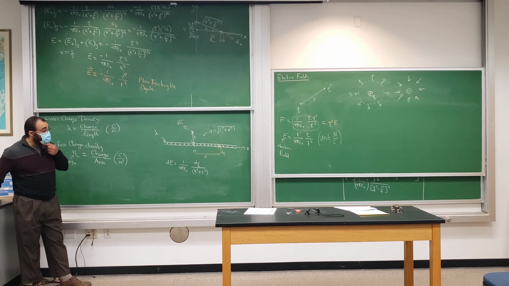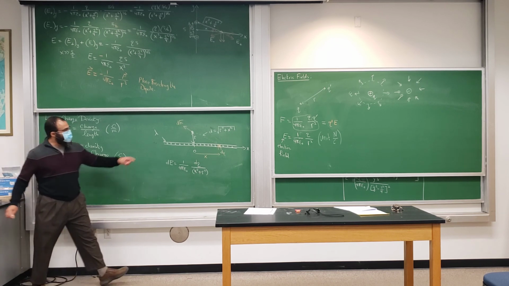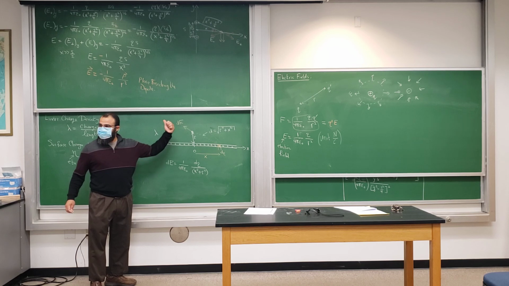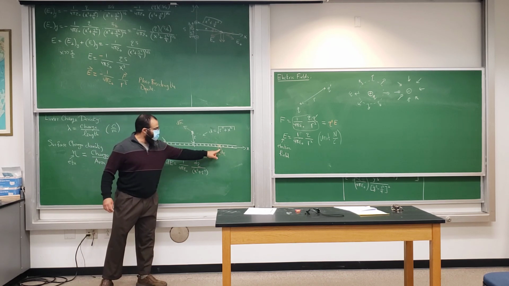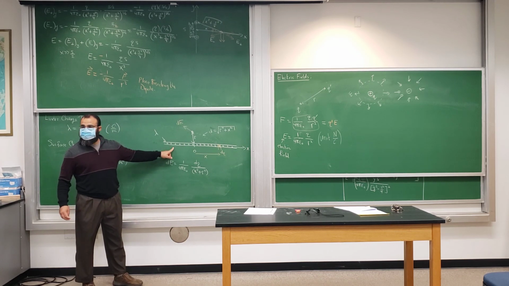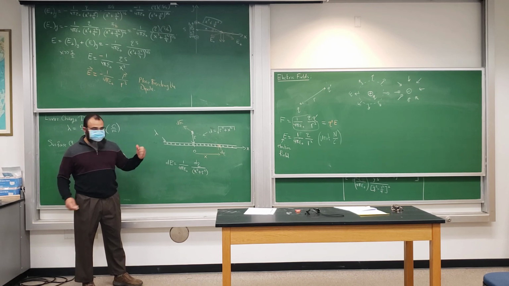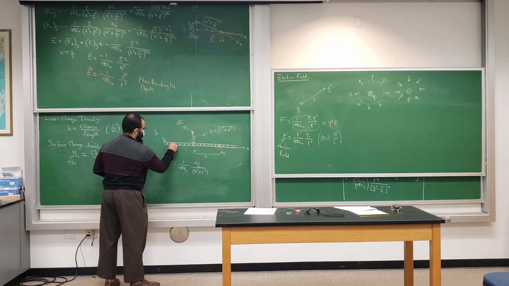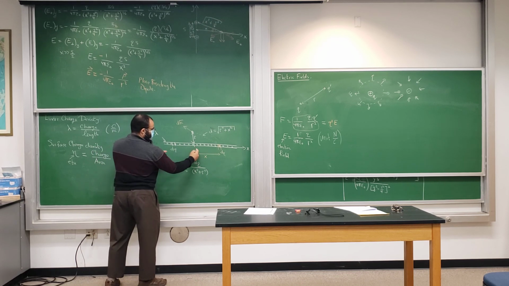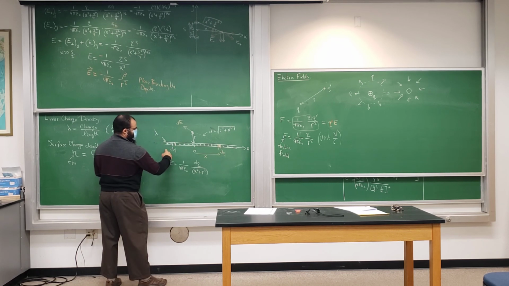Okay. Now this is the electric field, and it points in this direction. Now if you have a dq here, there will be another dq on the other side of the line, right here. It will be the same distance, but it's in the negative x direction.